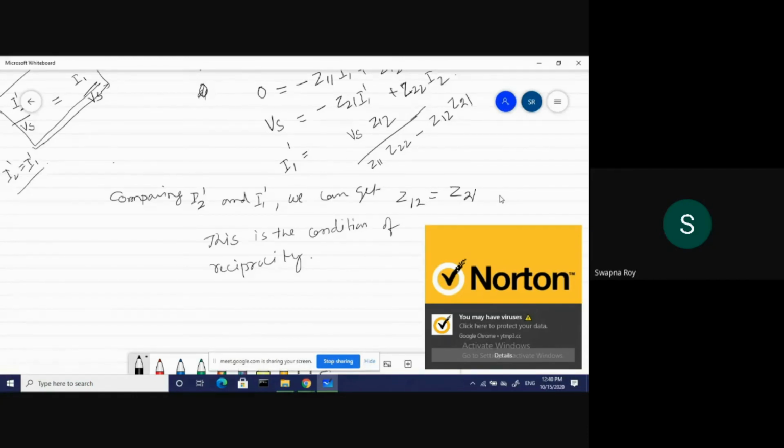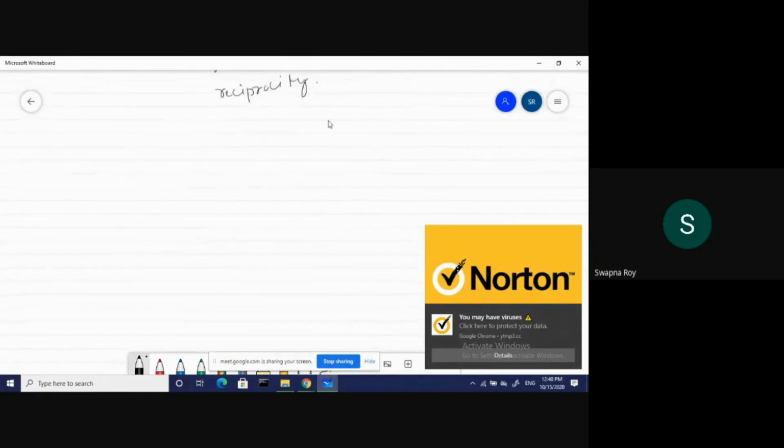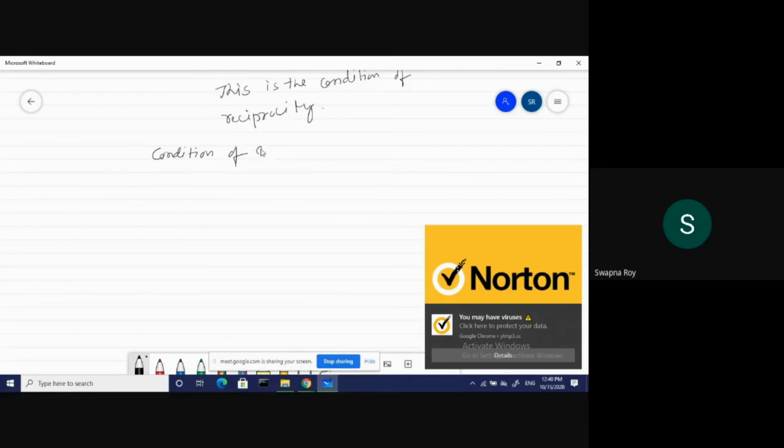Similarly, now we will derive the condition of symmetry, when the network is a symmetrical network. At that time we are applying voltage V1 at port 1, and port 2 is open circuited.